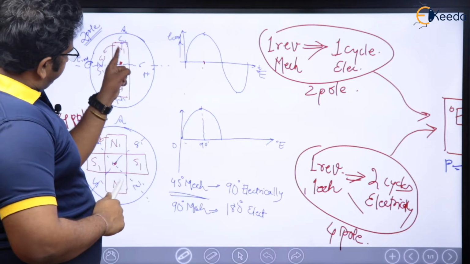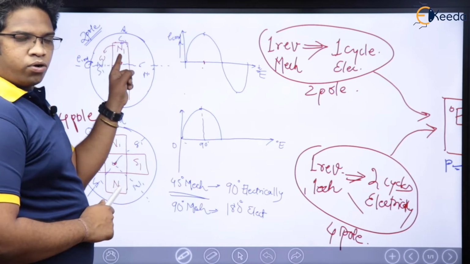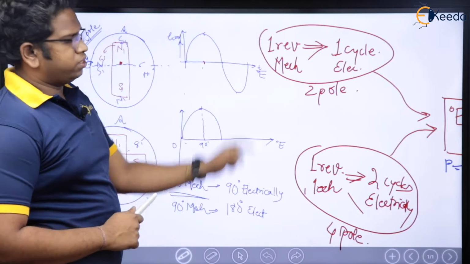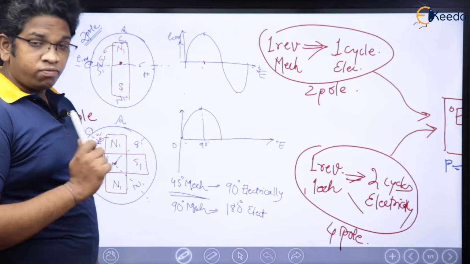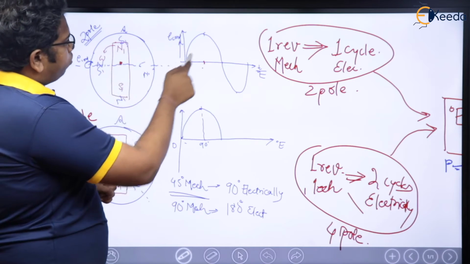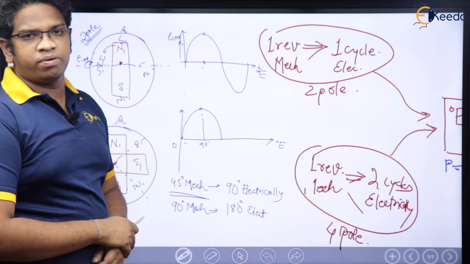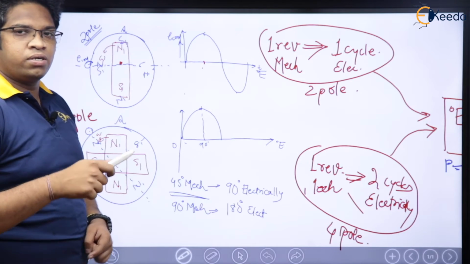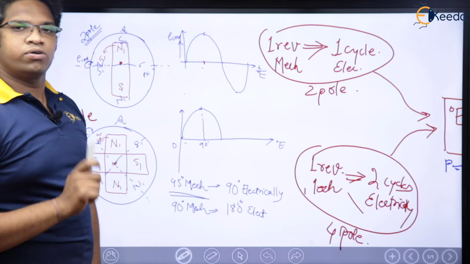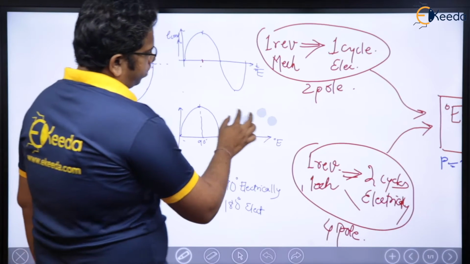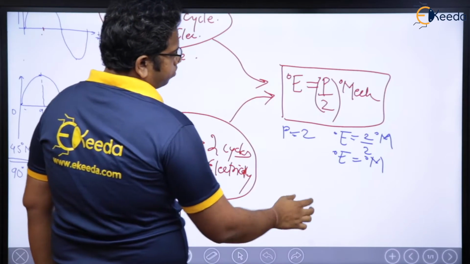When my rotor poles completely rotated by 360 degrees, I got 360 degrees of induced voltage here. Why? Because when these rotor poles rotated by 90 degrees, I got 90 degrees of induced EMF, which means it is going to be 360 only, which means degree mechanical is going to be equal to degree electrical for a two pole. Now let us try to verify the same for four pole.